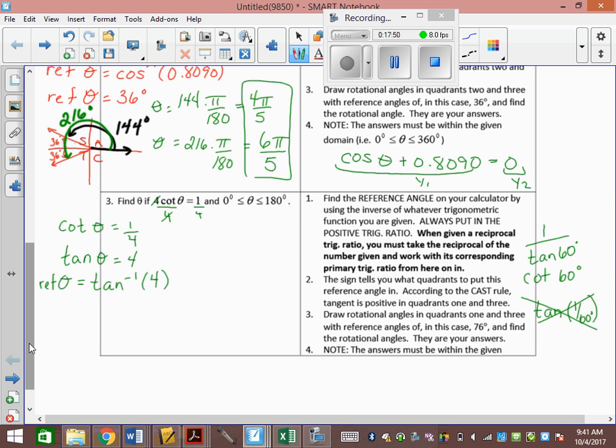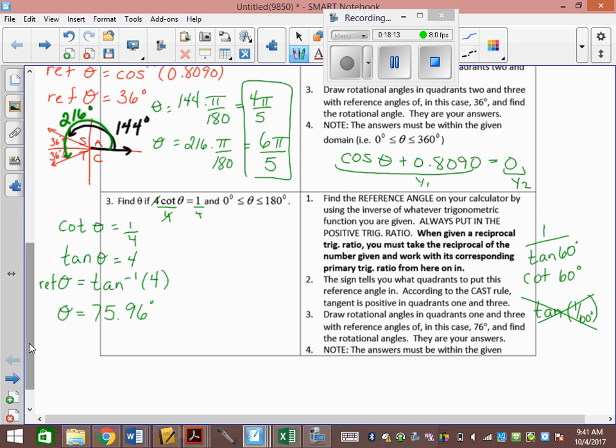So where does tan -1 of 4 exist? 75.96 degrees. So that is my reference angle.